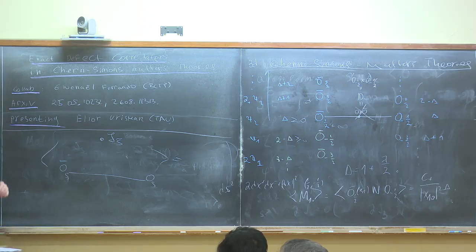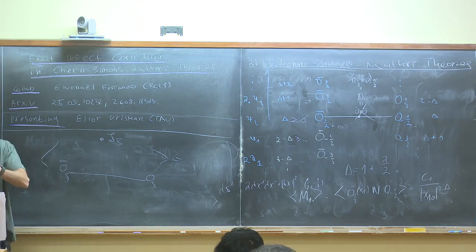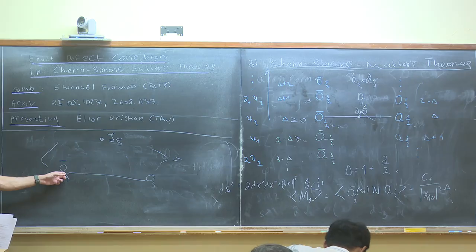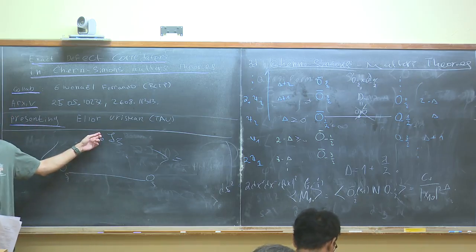Apparently, conformal symmetry is not enough to fix this configuration. Even though you have SL2R cross U1, it's not enough. A simple counting of degrees of freedom: this has one position, this has 3 positions, like a 3-dimensional position.